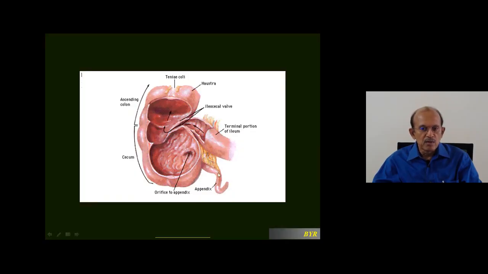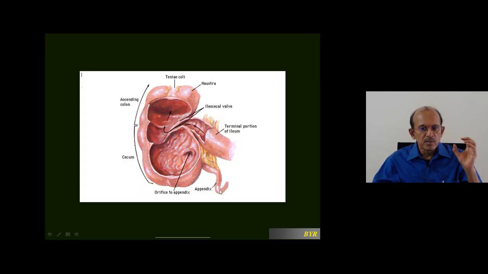Then what will happen to the blood vessel? The blood vessel runs in the mesoappendix, and where the mesentery is not there, it runs in the wall of the appendix. You have to remember this point. Why? In acute appendicitis, the appendix swells and becomes turgid. Any blood vessel in the wall will undergo thrombosis because of the stretching and turgidness.